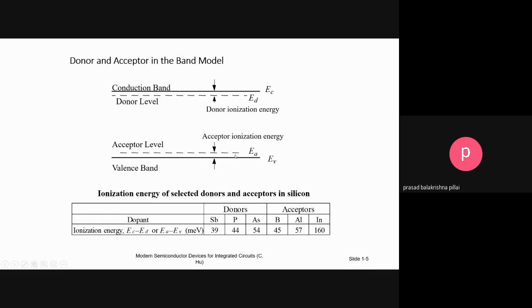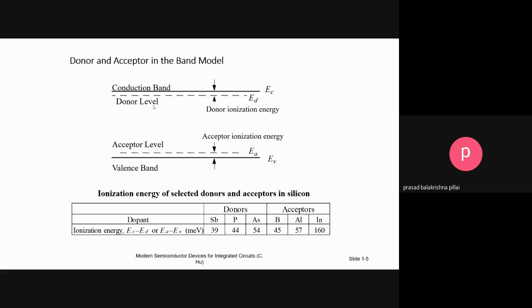Similarly, you will be having a Fermi level of the p-type material. So these are the things we should remember: the conduction band edge, the intrinsic Fermi level, then the impurity level, whether it is donor level or acceptor level. And very often we may not be showing this impurity level. Instead of that, we will be showing the Fermi level only.